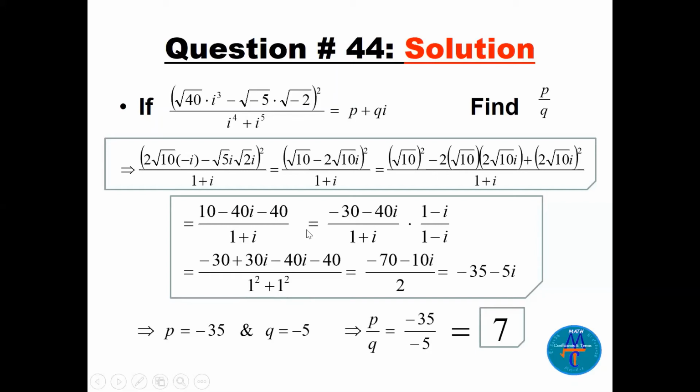And then this is minus 30 plus 30i minus 40i minus 40, because this is plus 40i squared. So everything you get minus 35 minus 5i. What do we need? P over Q. So P now is this number here, the real part, minus 35. Q is the imaginary part. So the answer will be 7.